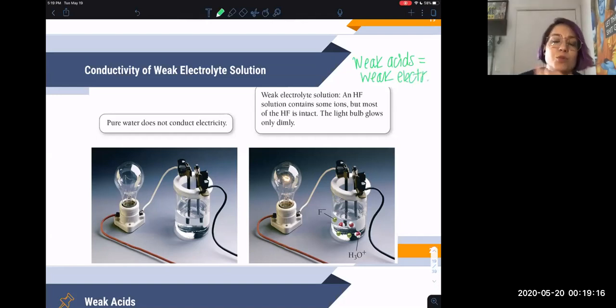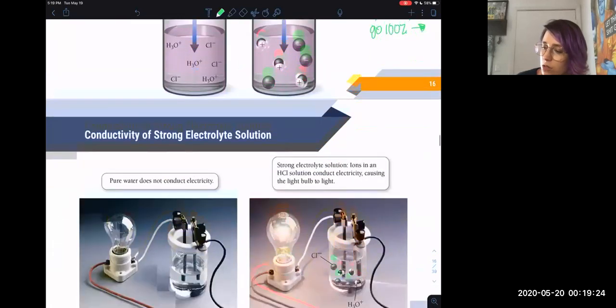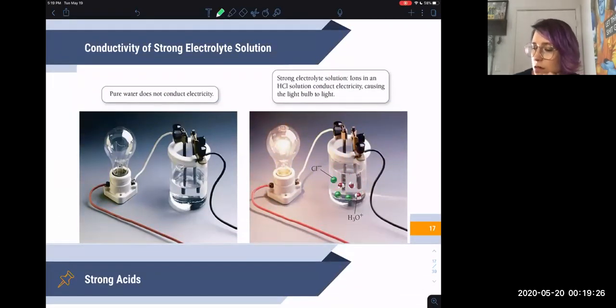So we have strong electrolytes. They're going to be ionic compounds and strong acids. Let me write that up here. Strong electrolytes: ionic compounds and strong acids, because they dissociate 100% when they dissolve.